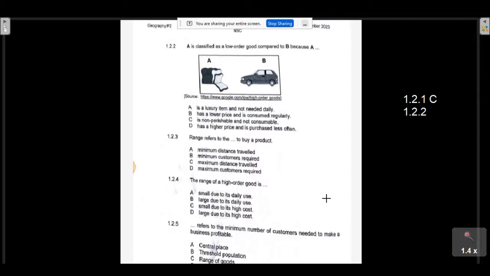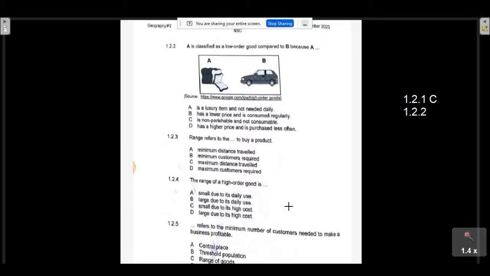Option A says is a luxury item and not needed daily. That is incorrect. Of course, A is not a luxury item, and we do actually need it daily. We actually buy daily bread. Okay, and then B has a lower price and is consumed regularly. Now, this is a possible answer. Indeed it has a lower price, and indeed it is consumed regularly, daily, most of the time.